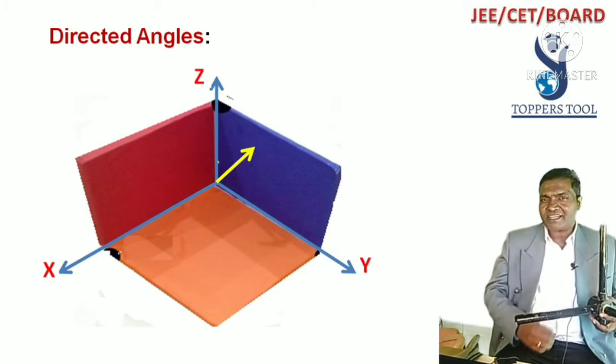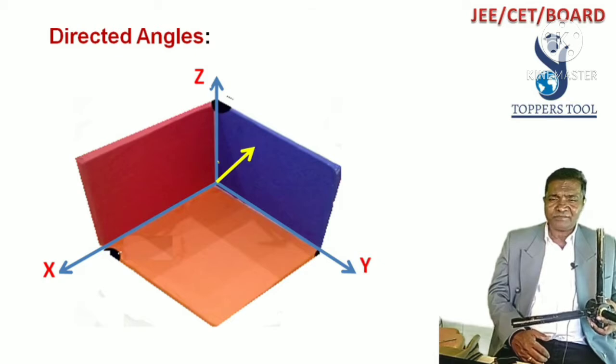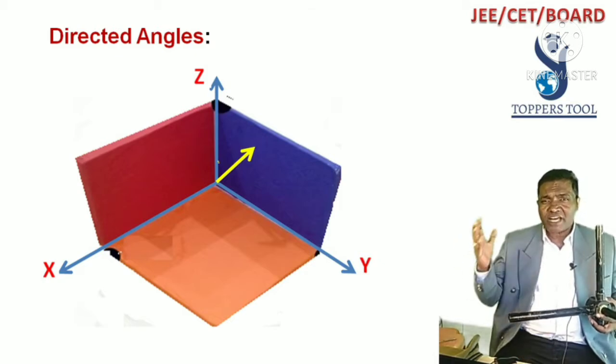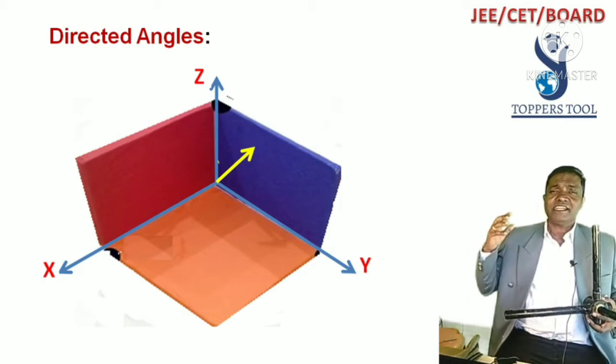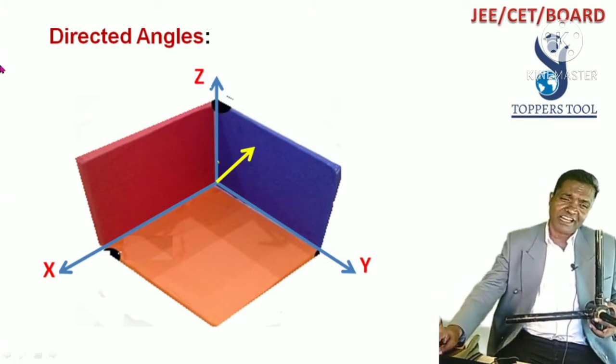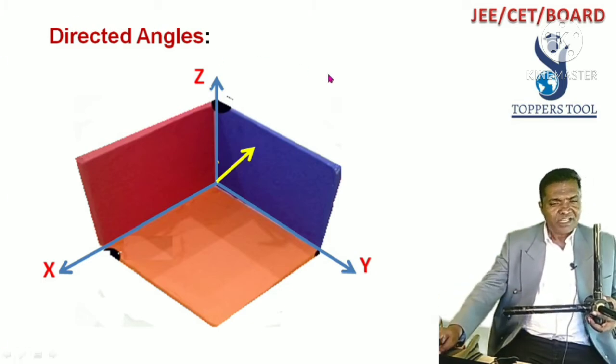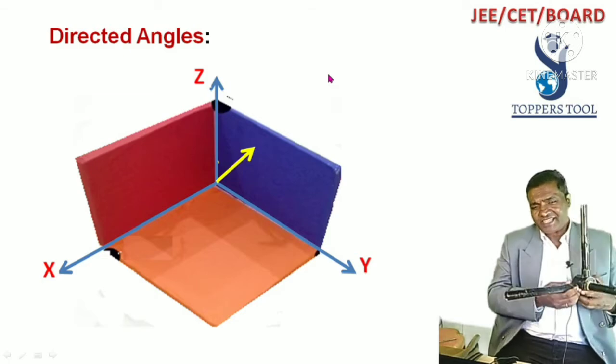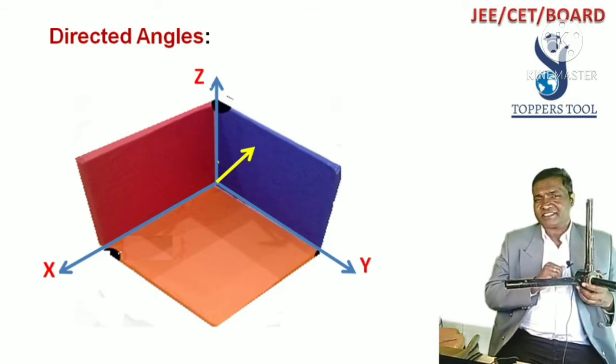What do you mean by direction cosines of a line? Before moving on to direction cosines of a line, first let's understand what are directed angles. Let us see here. This is the coordinate system.